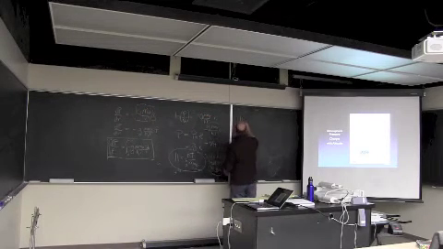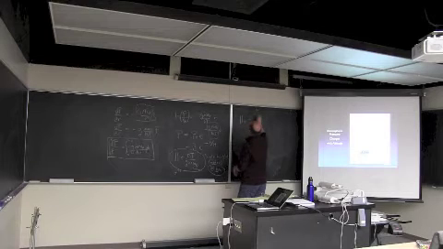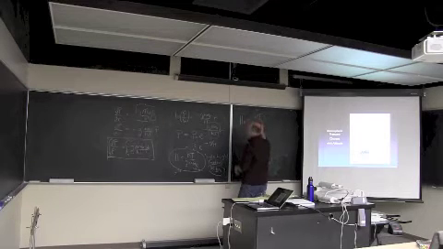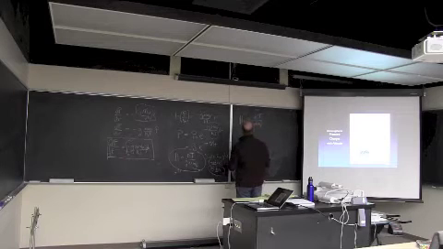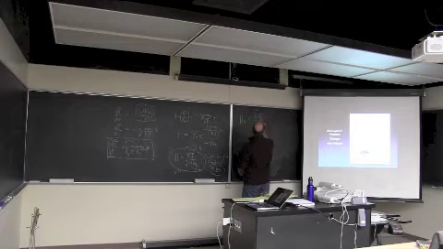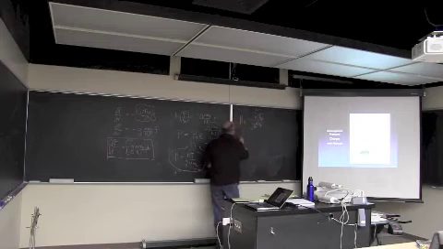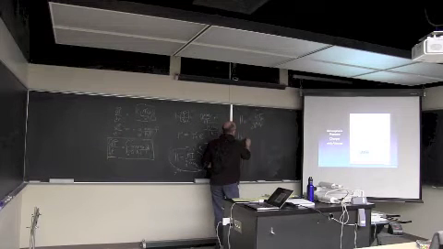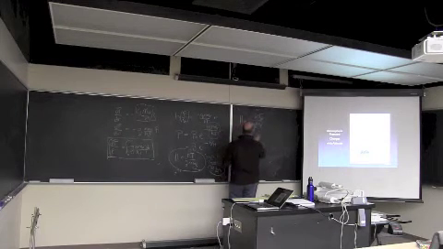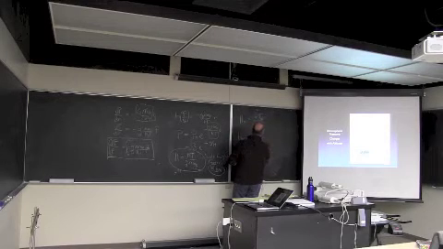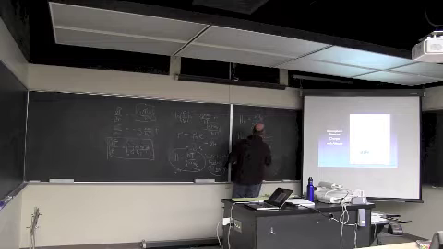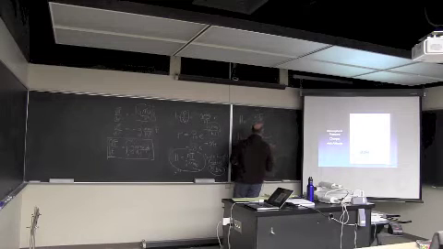We can say, well, the scale height for Earth is equal to KT over G mu MP. That's the scale height for Earth, and that's the Earth temperature and the Earth gravity. But the scale height for Mars is going to be KT Mars divided by G Mars mu MP.